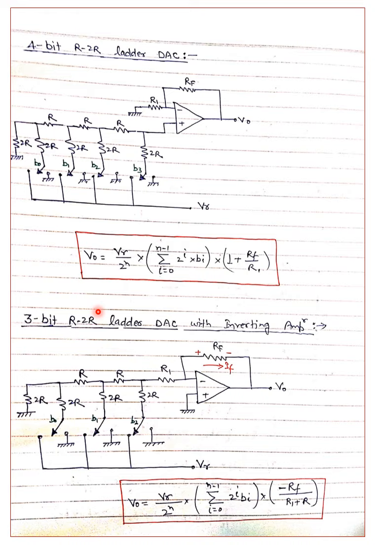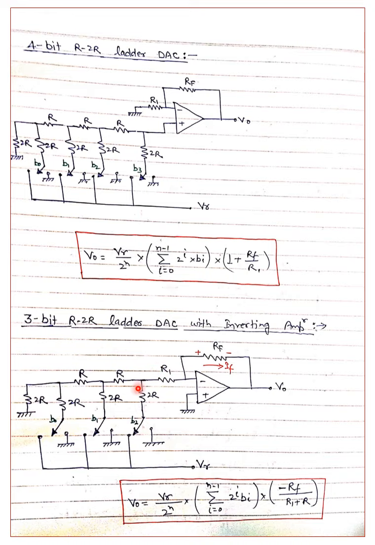When we solve this by using superposition, we can calculate that V output is the resolution into the decimal equivalent of that binary number into the gain of this operational amplifier. Here the gain is minus Rf upon the total resistance connected to it.